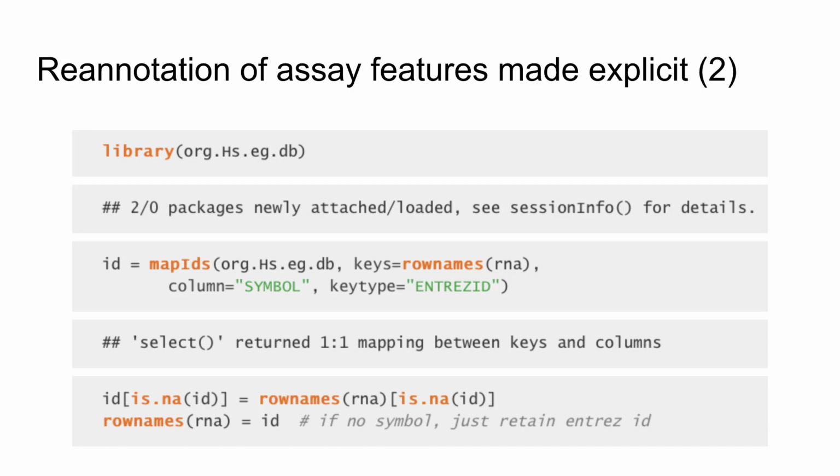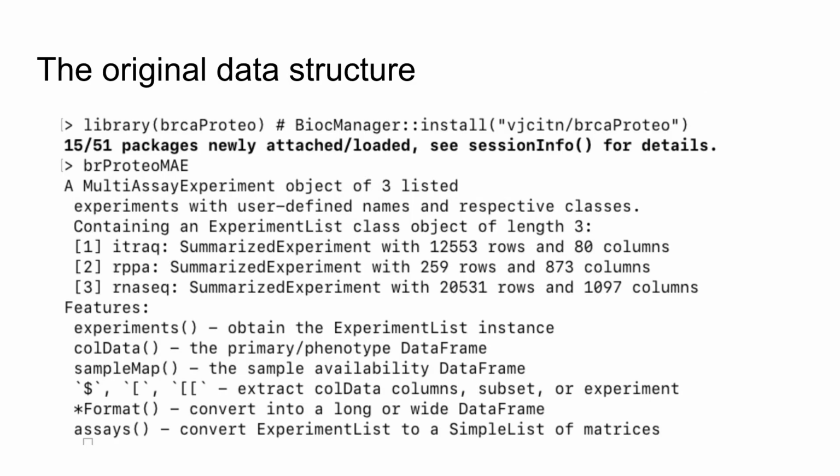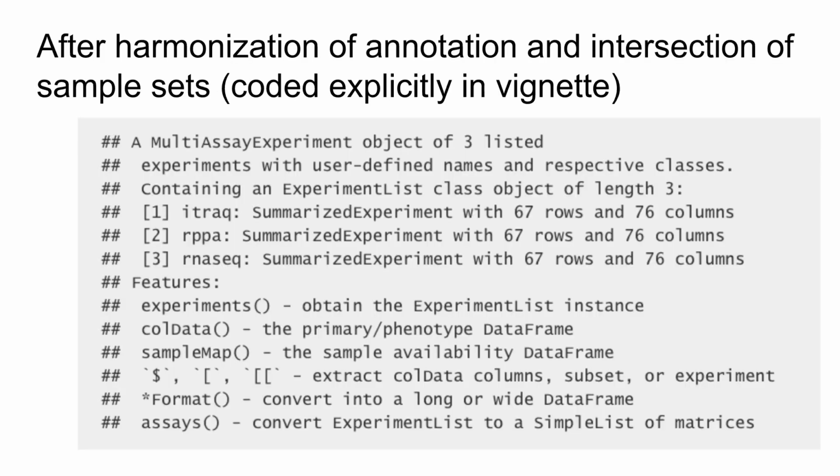And then I just substitute symbols for the original identifiers, and now I have symbols instead of Entrez IDs. And so this is what we start out with before changing all the different annotations so that they are consistent with one another. And this is what we end up with when we both do that and then intersect the samples and the features to those that are common across the 3 assays. Okay, and all of the code that does this work is explicit in the vignette. So you could go line by line through the vignette to generate this object from the original one.